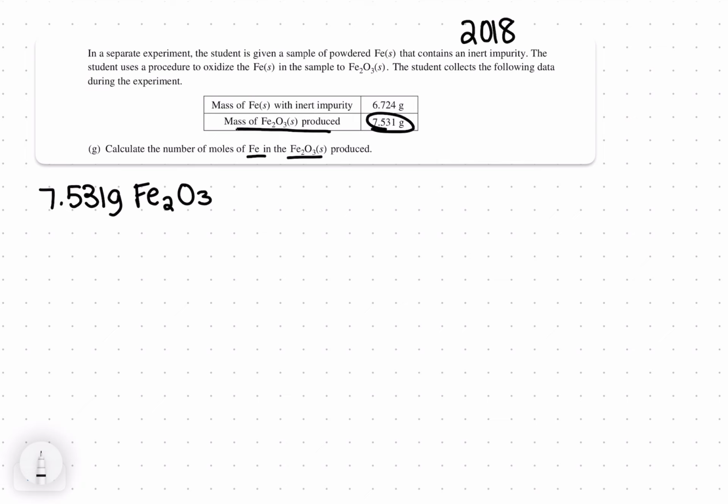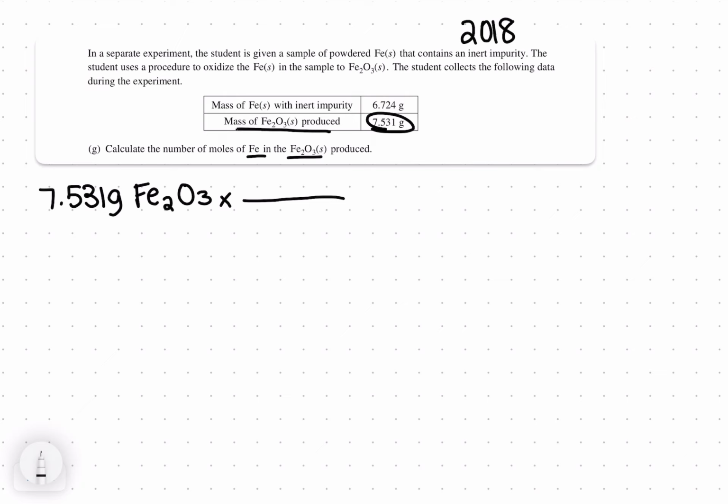So moles, we're going to get this grams into moles. So if you're unaware of the conversion from grams to moles, we're simply just going to be looking at the molar mass. So here, hold on. I don't know Fe2O3's molar mass off the top of my head, but you can calculate it using a periodic table, using the molar masses. I'm just going to simply search it up right now.